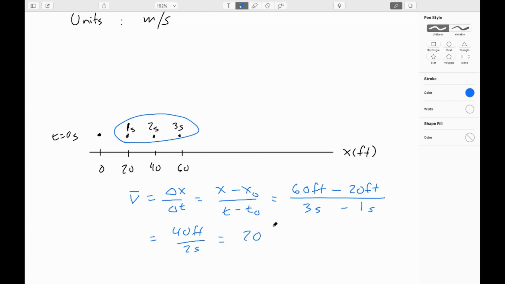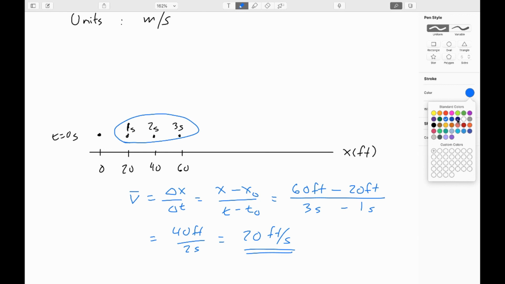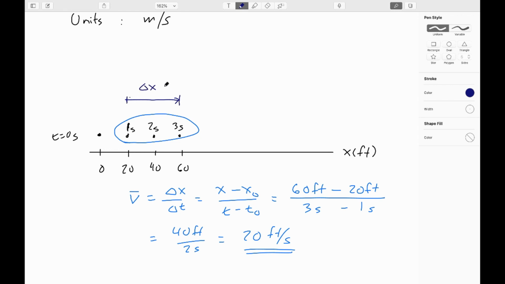This works out to be 20 feet per second. Now, I could go and draw the displacement for that interval. You can just draw it like this here. This would have been my delta x here, and it would be equal to plus 40 meters. So I started at 20, I ended up at 60.